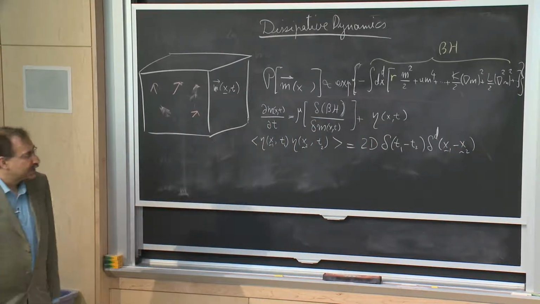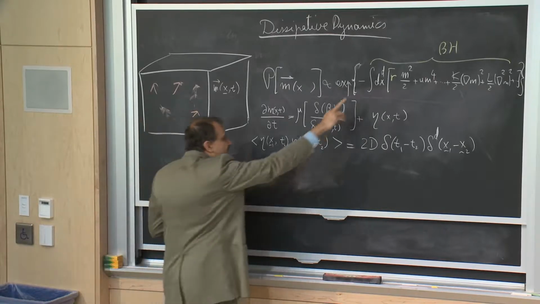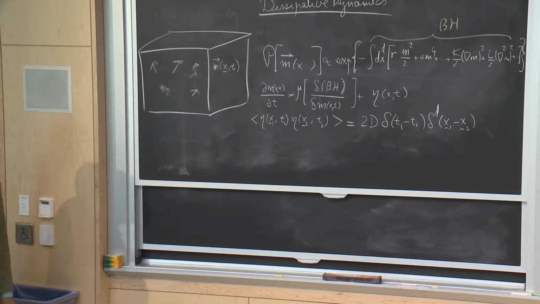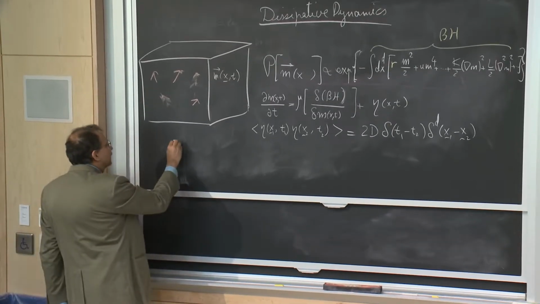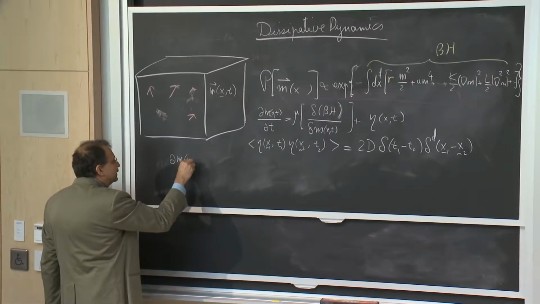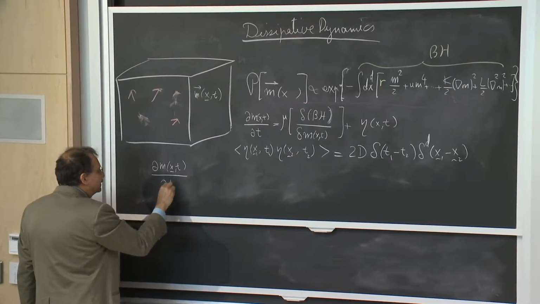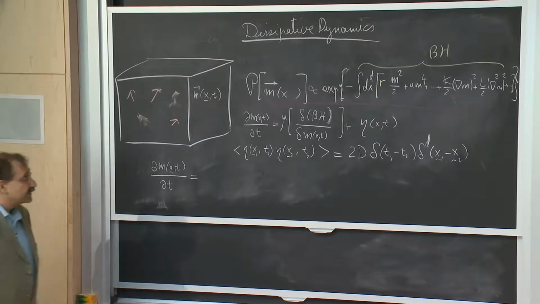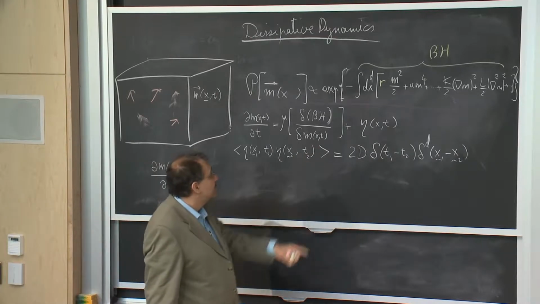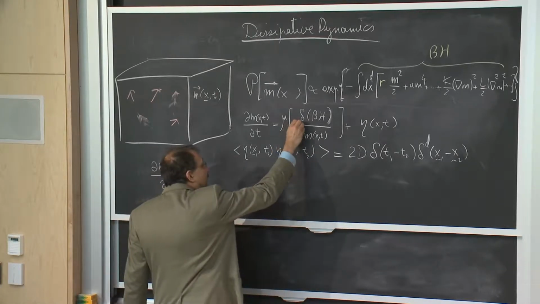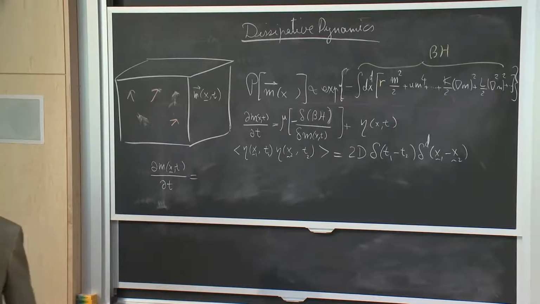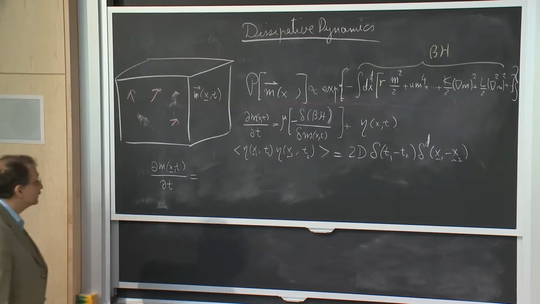Okay? So if I take this beta h that I have over there and take the functional derivative, what do I get? I will get that dm of x,t by dt is the functional, oops, and I forgot to put a minus sign here. The force is minus the potential, and this is basically going down the gradient, so I need to put that.